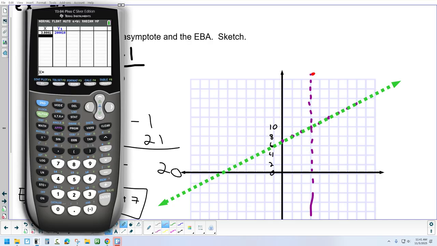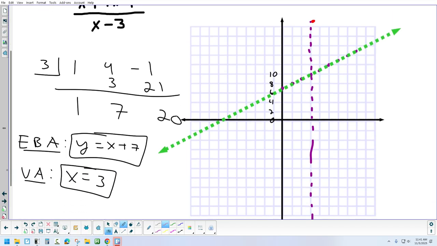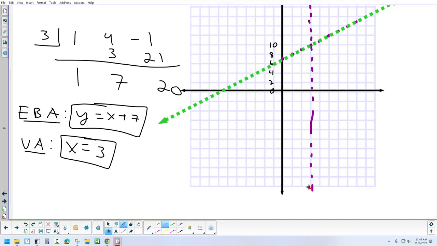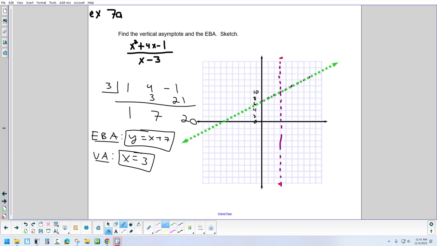What would be another good value to pick? Or 2.9999. Right, so 2.999, and when we do that, we're down at negative 20,000. So it's very far down. Way down there. Okay, so we know what's happening on each side of the asymptote.